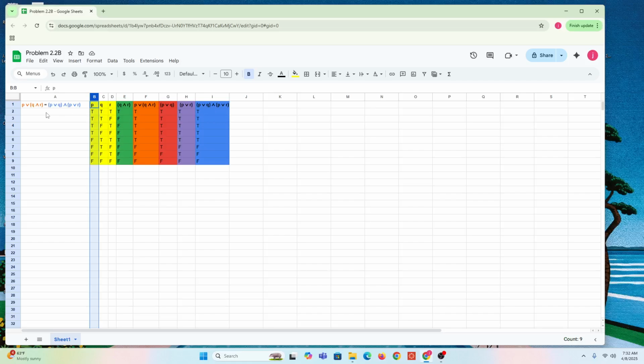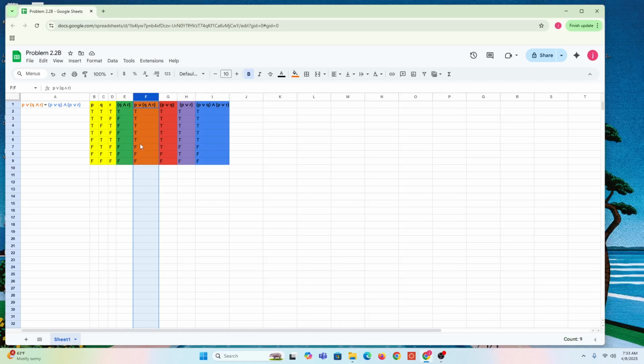And now that we have made columns for both halves of this, we can look at my orange column, which represents the left half, and we can look at my blue column, which represents the right half, and we can see that these have the same truth values.